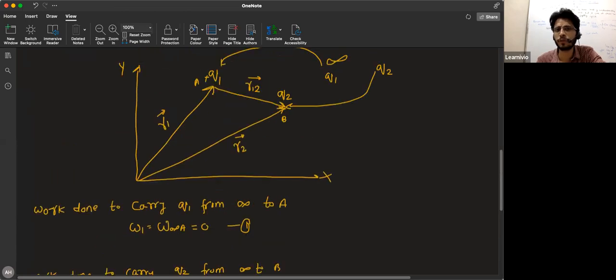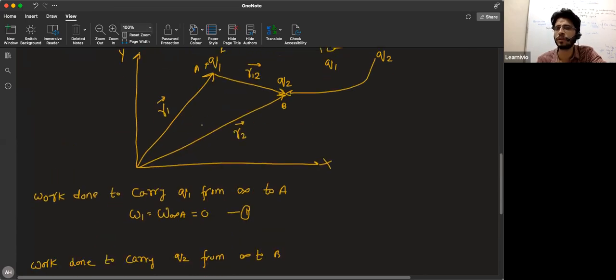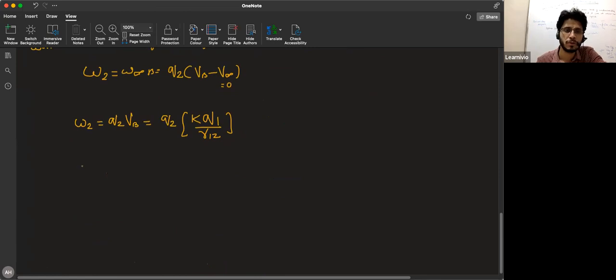So this is the expression of work done: K Q1 Q2 divided by R12.